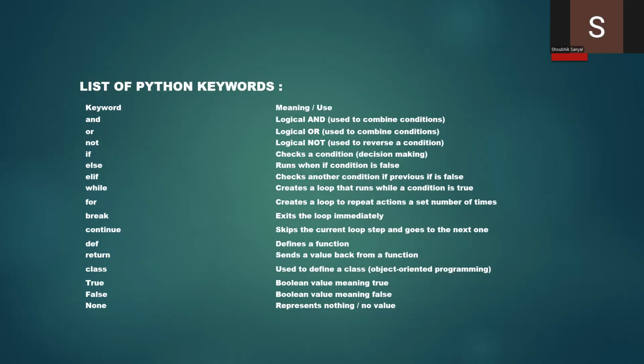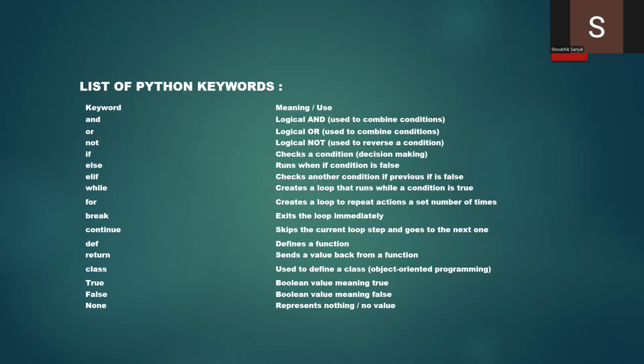So you see these keywords have a defined meaning. I cannot use while as a variable, or I cannot use continue beyond the meaning that has been defined in Python. What does it mean? That is, continue should be used to skip the current loop step and go to the next one. This is defined in Python. So I have to use this keyword for this particular function only.